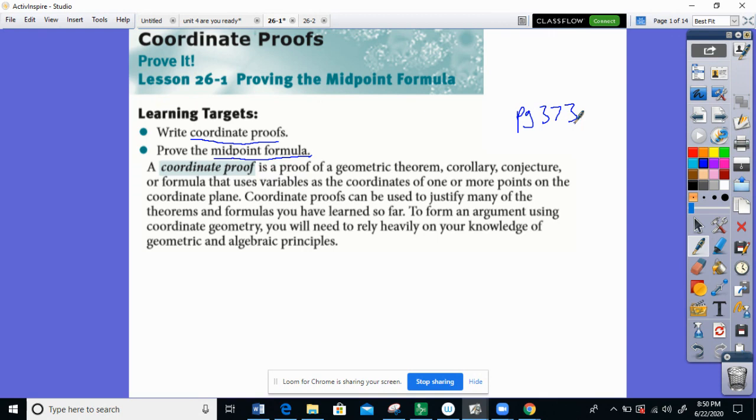Coordinate proofs can be used to justify many of the theorems and formulas you have learned so far. To form an argument using coordinate geometry, you will need to rely heavily on your knowledge of geometric and algebraic principles. So these are basically proofs where, as part of the justification for the proof, we're using coordinates of points in the xy plane.